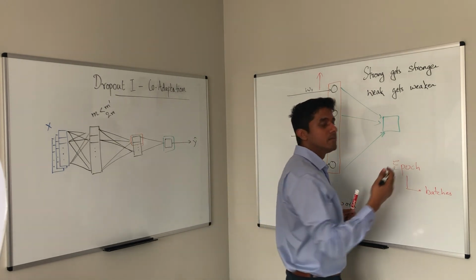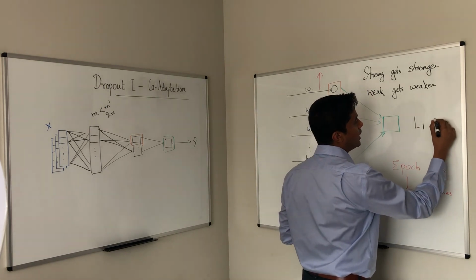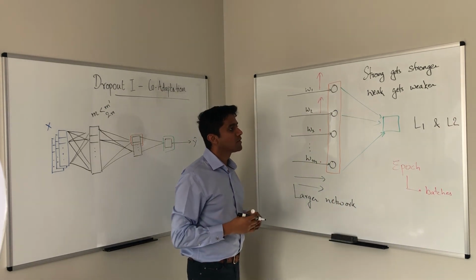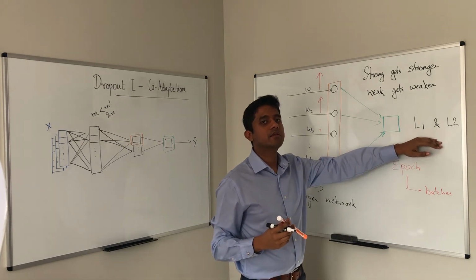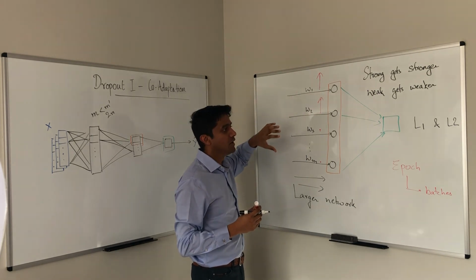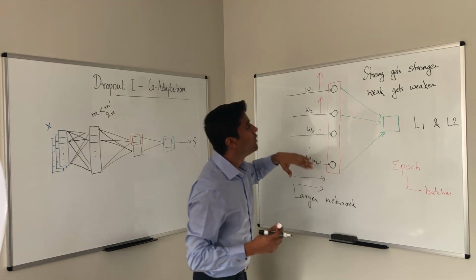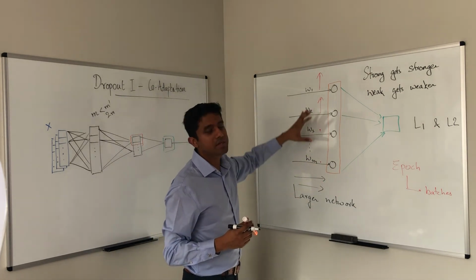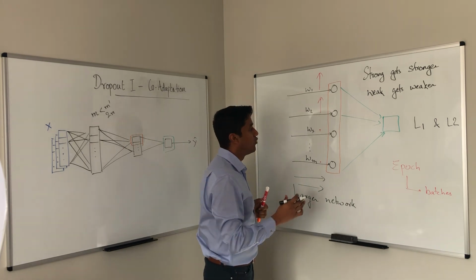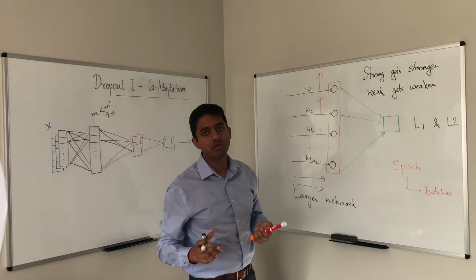Even the traditional regularization techniques at the time, L1 and L2, did not help much because these techniques are also data driven and rely on the magnitude of these weights. For example, let's consider L1. L1 would also keep these weights as active, while L1 will push these bottom weak ones to 0.